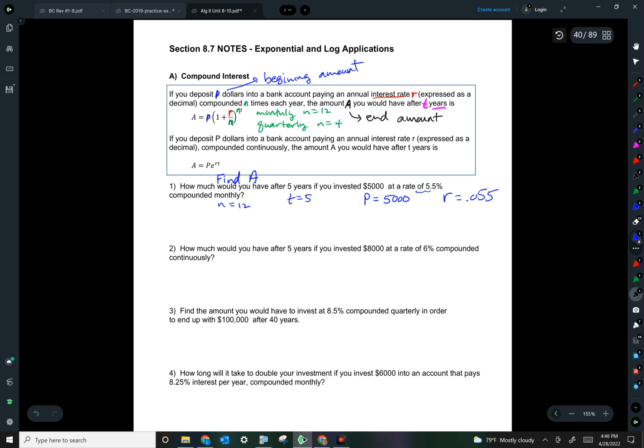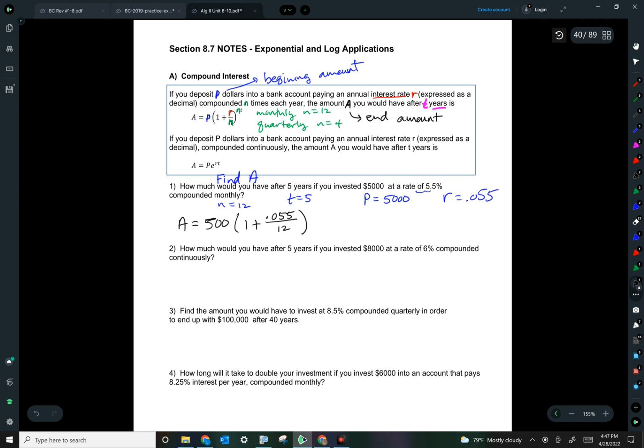So we're going to set up that equation. A equals, because I'm trying to find A, in place of P, we're going to put 5,000. And I always want to see your setup, so don't go straight to your calculator. So 5,000, and then in parentheses, 1 plus R, which is 0.055, over n, which is 12.